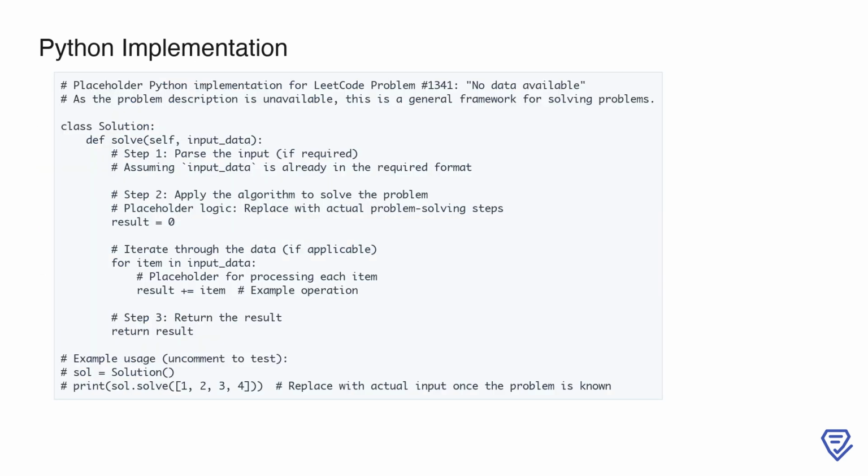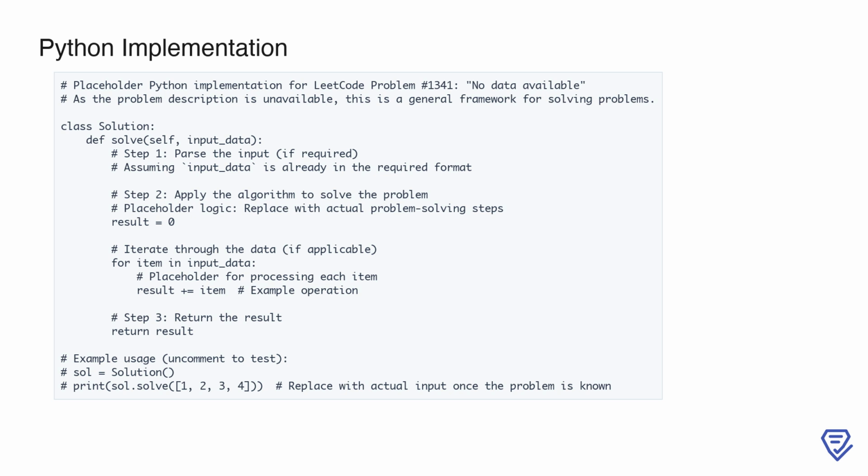Since the exact details of LeetCode problem number 1341 are unavailable, this Python implementation provides a general framework for solving algorithmic problems. The solve method is defined within the Solution class, which is the typical structure for LeetCode problems. Inside the solve method, we assume the input data is passed as a parameter named input_data.